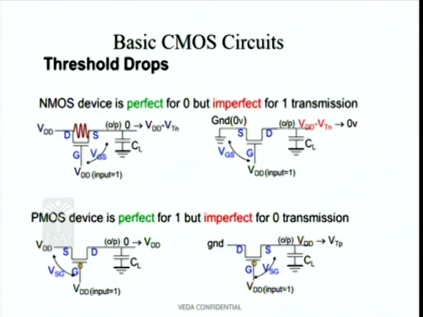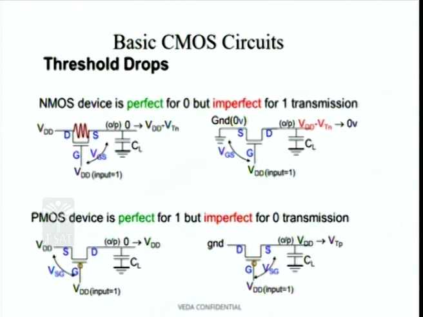The formation of the channel is no longer existing, and therefore this device does not conduct, or conducts with a very high resistance, and therefore the amount of current flowing through this is extremely small, not enough for the capacitance to discharge completely to ground in the time that is available before the next switching happens.